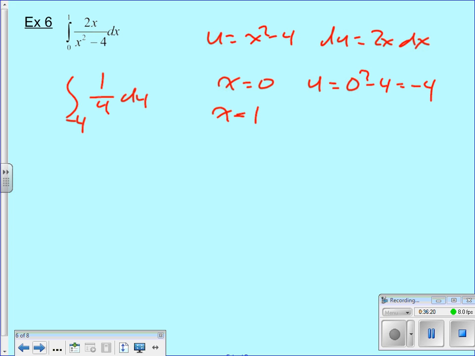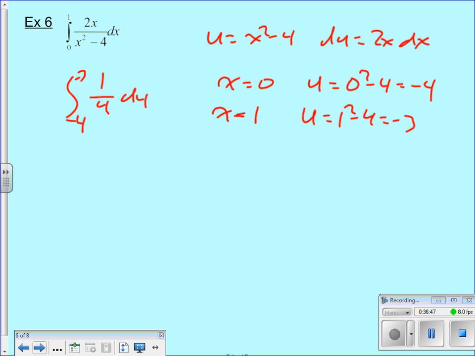So if x equals negative 1, hang on. Sorry, if x equals 1, what is u? Negative 3. Yeah! u equals 1 squared minus 4, which is negative 3.